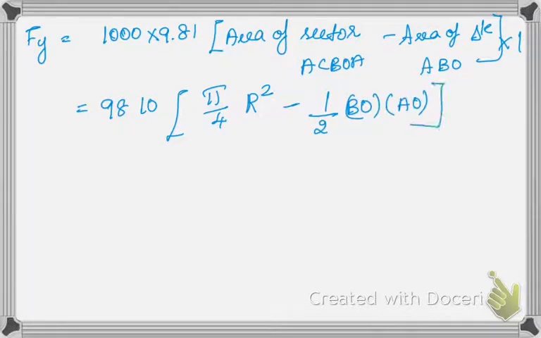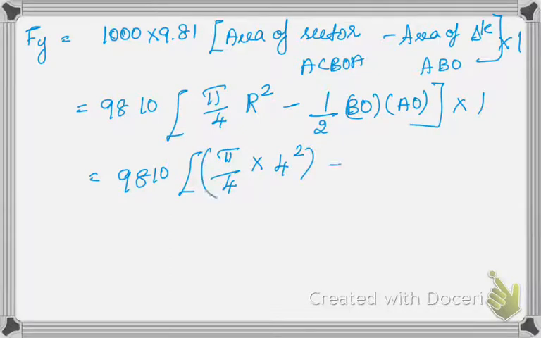You can check that diagram for how you are getting this half into BO into AO. I am just writing the formula. So which is equal to 9810 into pi by 4 into the radius, which is given as 4, so 4 square, minus half into 4 into 4, into 1.